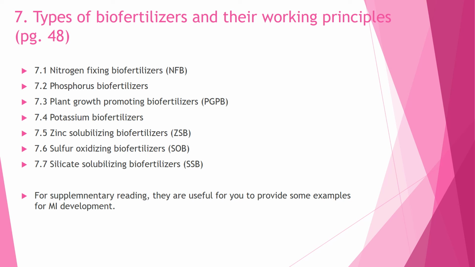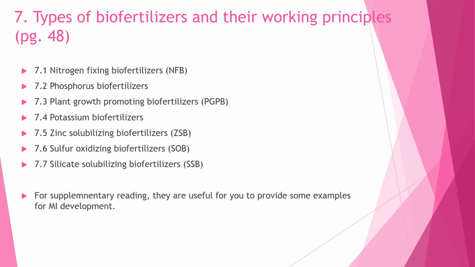This one is from another source of journals, on page 48. There will be an article later in the list of references. In this book chapter, it shows seven types of function of the MI: nitrogen fixing, phosphorus solubilizing, and plant growth promoting.